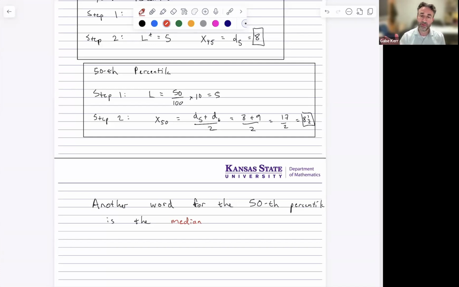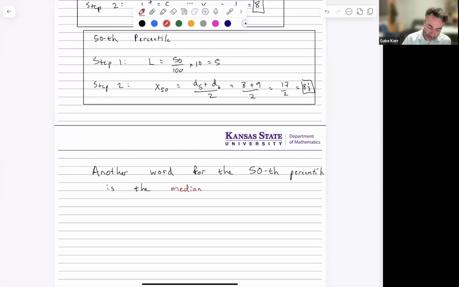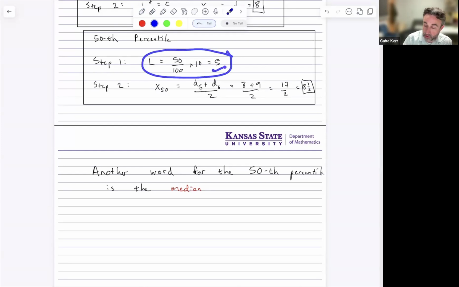The median is that point at which half of everything is less than that point, and half of everything is greater than or equal to that point. So they represent different quantities. Okay, so let's take a look. Now, this last computation here was one of computing the median for the data set. You'll notice that in this computation, we found that L was a whole number.